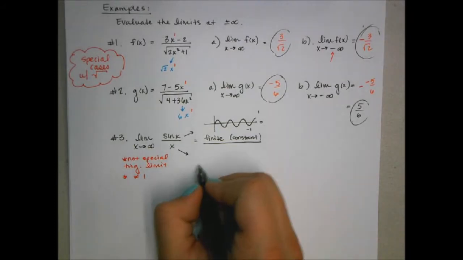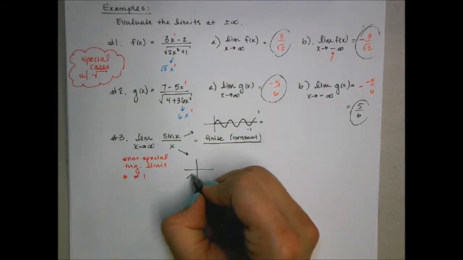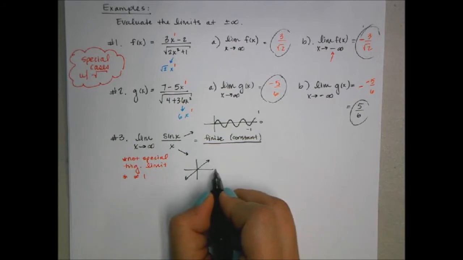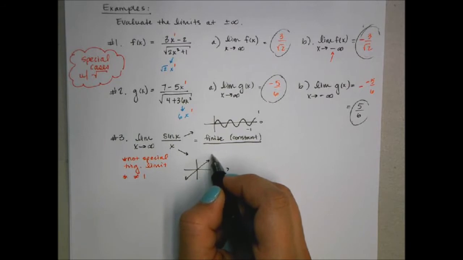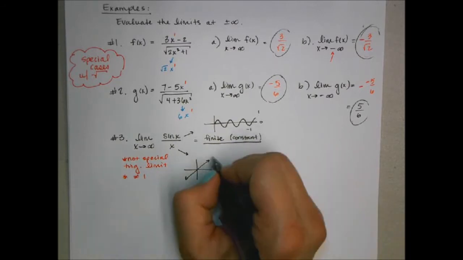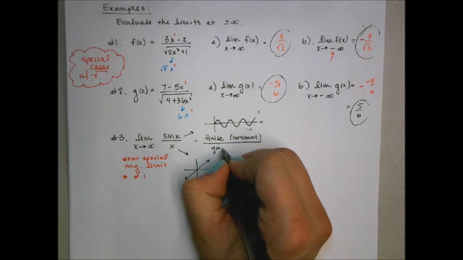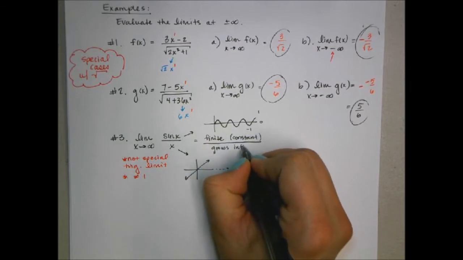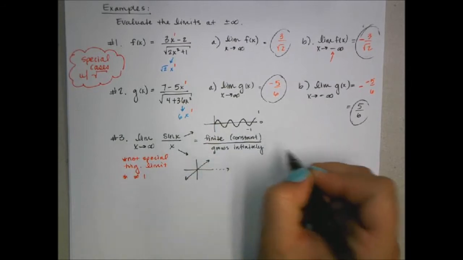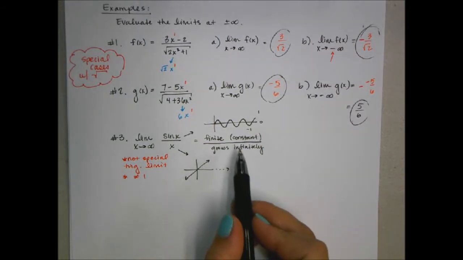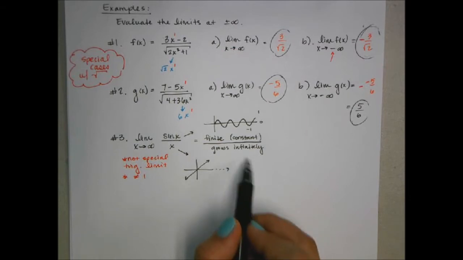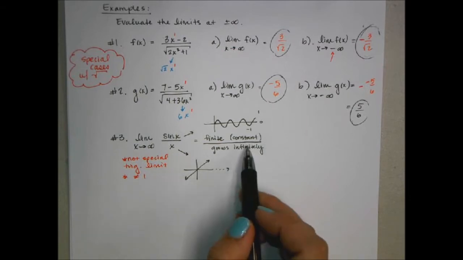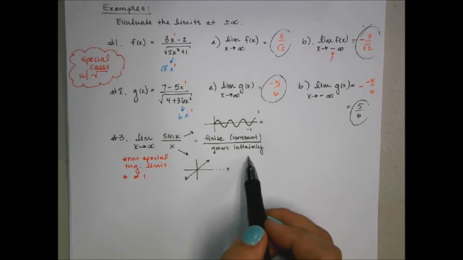So what about x on the bottom? If I think about the graph of y equals x, as x gets really, really big out to the right, what happens to my function's value? It also gets really, really large. So if I have a finite value, like a constant, over an infinite value that just keeps getting bigger and bigger, what happens to a number like 1 divided by 1 million or 1 over 1 billion, and so on?